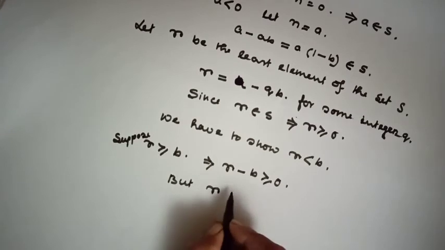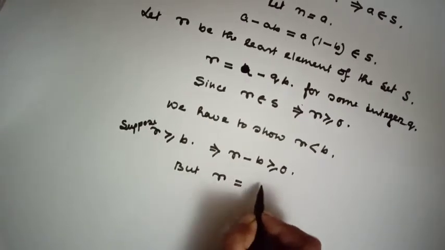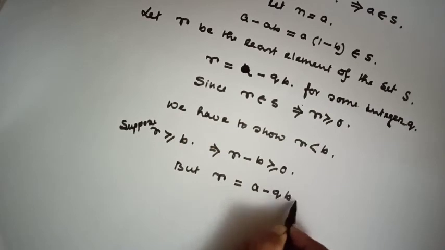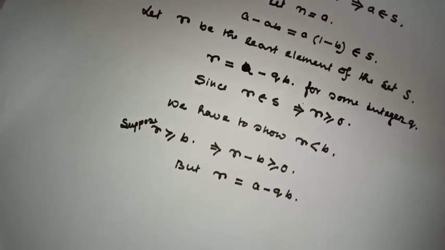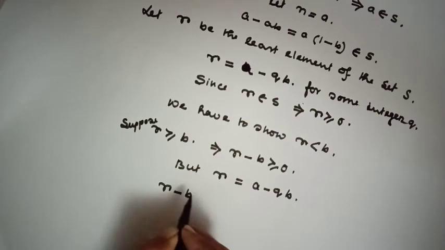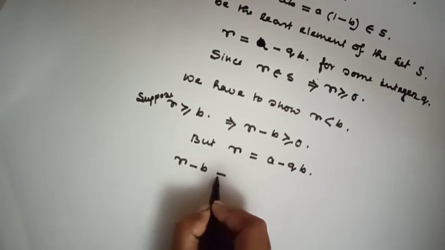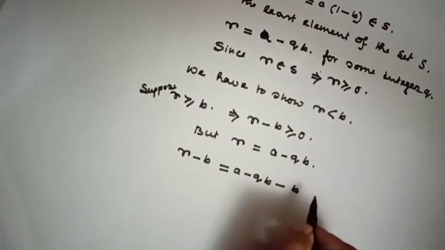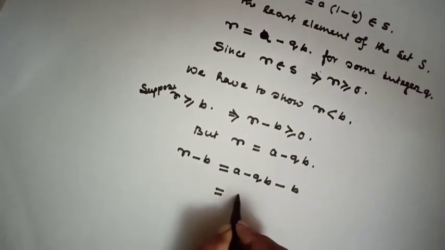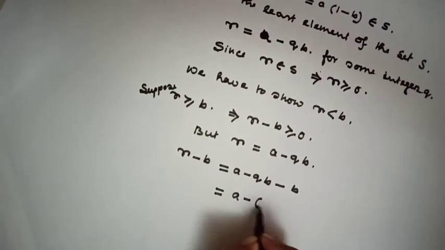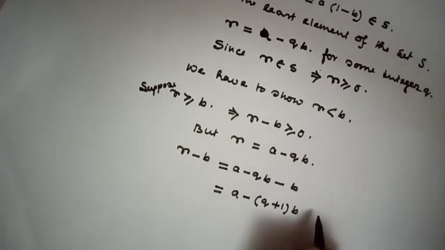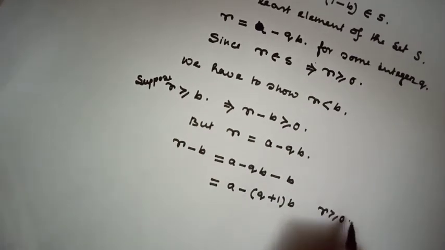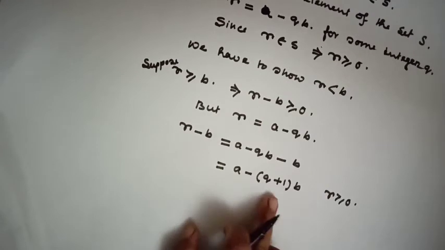But R equals a minus q times b, then R minus b equals a minus qb minus b, that implies a minus (q plus 1) times b. Since R minus b is greater than or equal to 0, this term is always greater than or equal to 0.